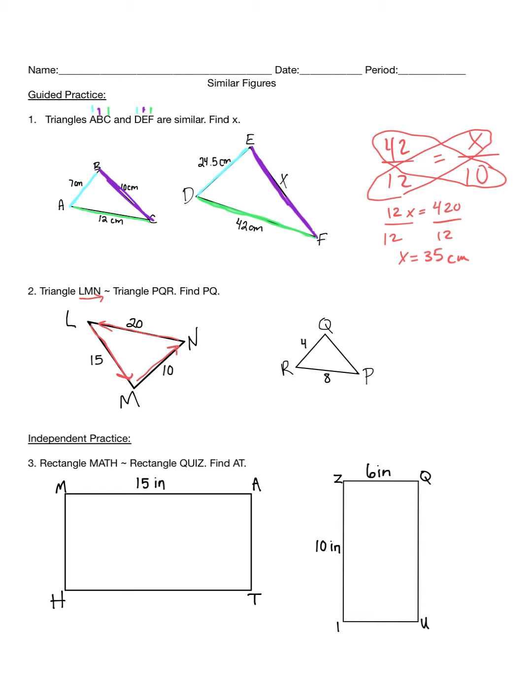So P goes to Q, then Q goes to R, and then R goes to P. All right. And now that we have that, we can find which ones go together. Okay, so LM is going to be the same as PQ. So let's get our colors out here. LM is the same as PQ.